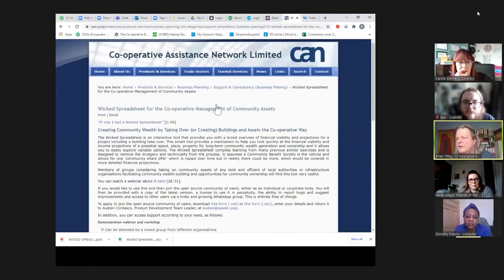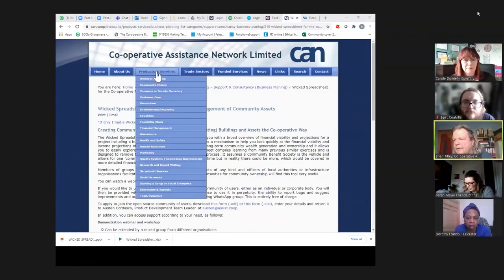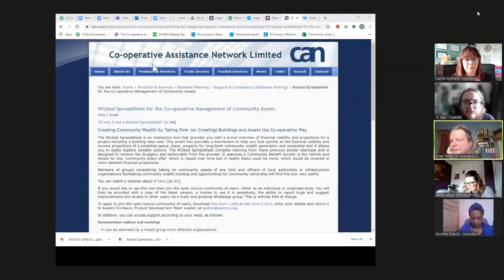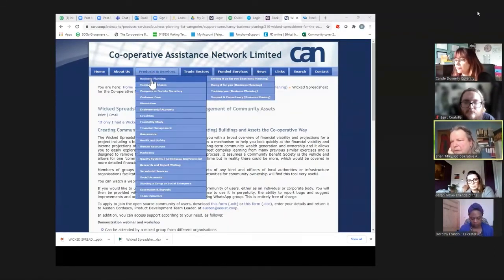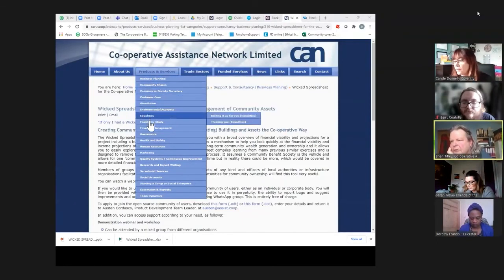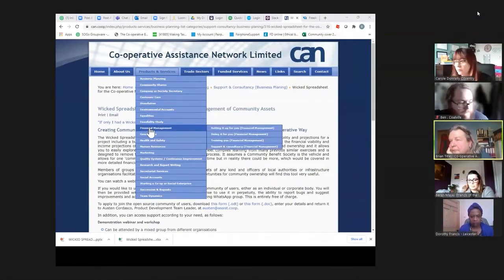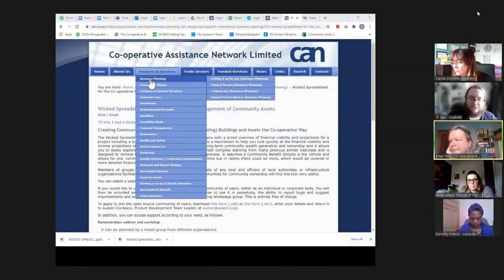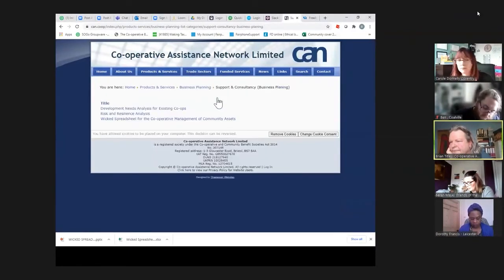If you go into www.can.coop and go into products and services, and this will be shared with you after as well, you want to go into business planning and support and consultancy. And then there it says Wicked Spreadsheet for the cooperative management of assets.